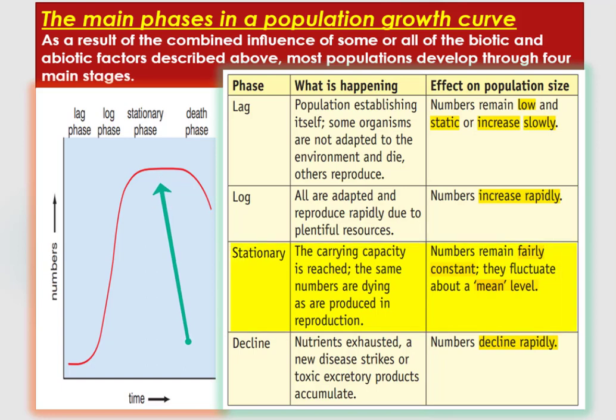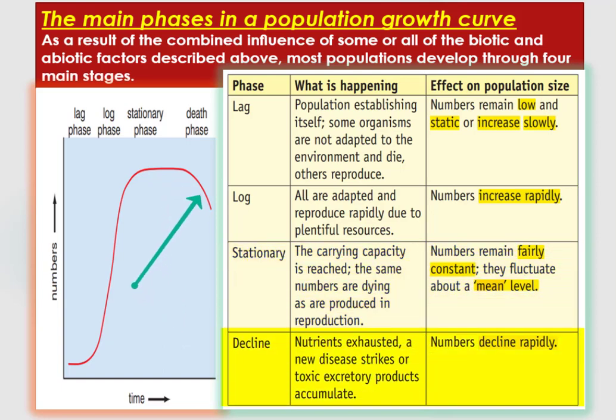We know that population growth rate is equal to birth rate minus death rate. When birth rate and death rate are equal, birth rate minus death rate is 0, which means no net population growth. This results in the numbers remaining fairly constant, which means they fluctuate about a mean level.